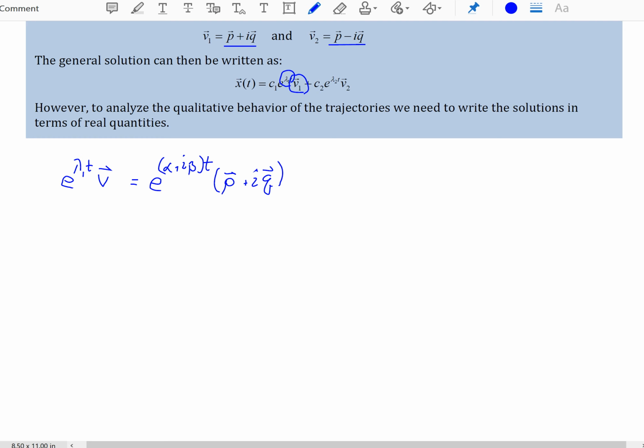And we seek to rewrite this without the complex parts, without the imaginary part i. And so let's look at rewriting this.